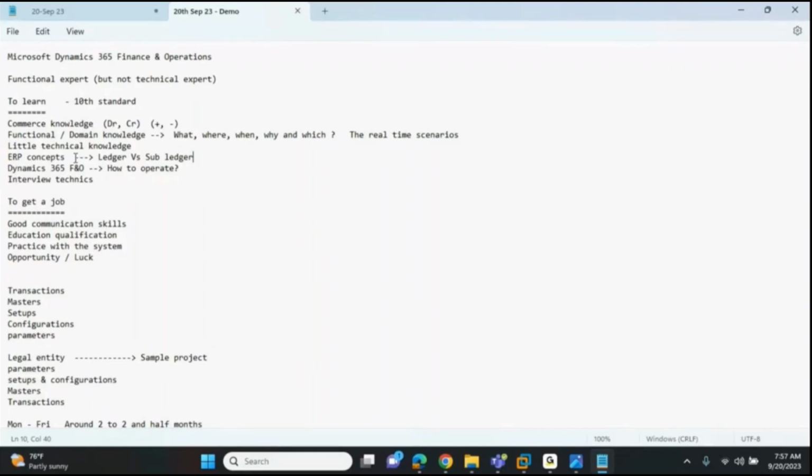I will explain this later so that you understand what exactly it means, and also what accounts payable or sundry creditors means. Got it, thank you.